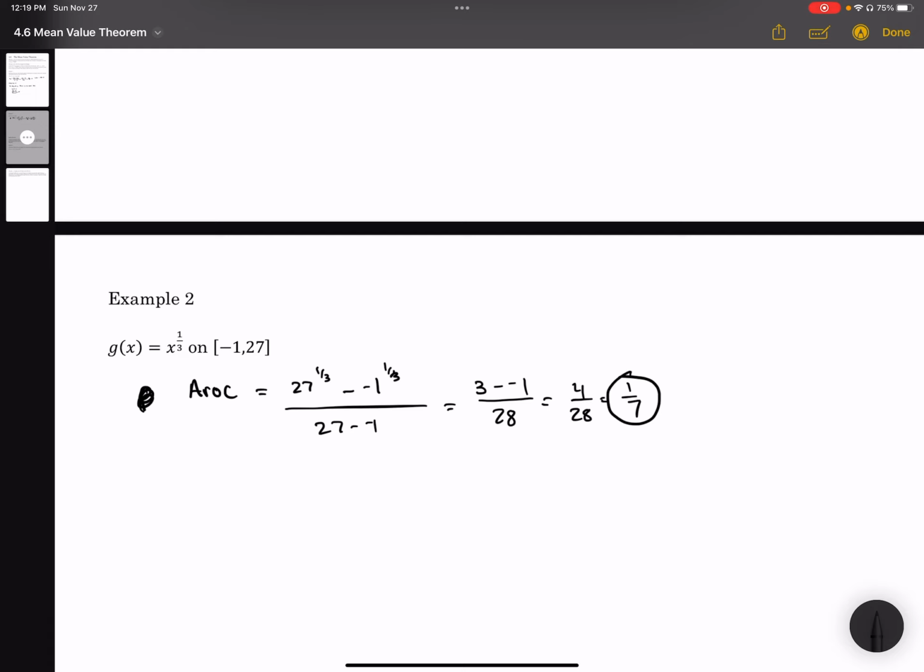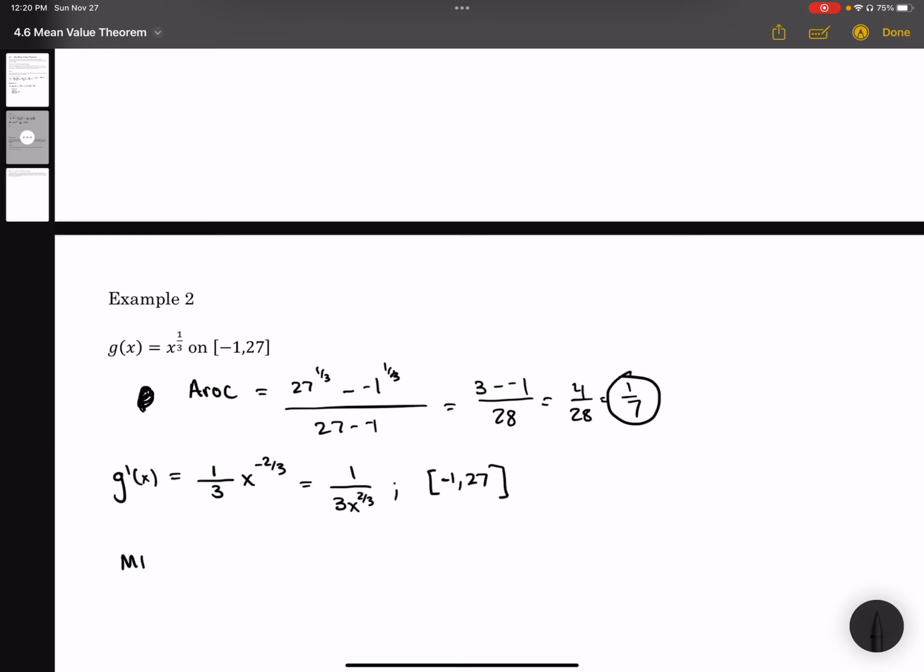So let's find out. So g prime of x is equal to 1/3 x to the -2/3, which is 1 over 3x to the 2/3 power. So remember that we're still on the interval -1 to 27.